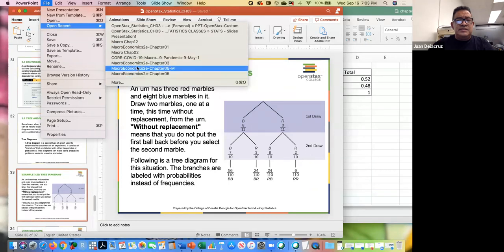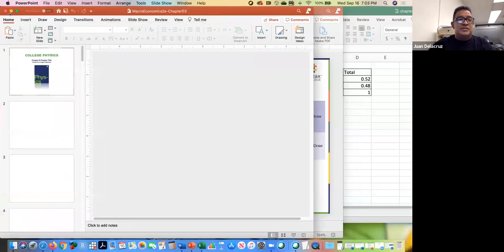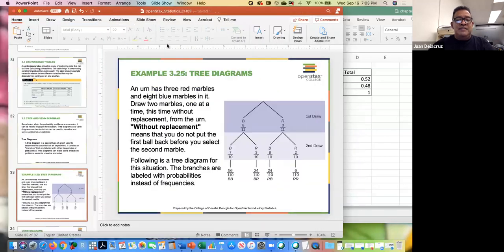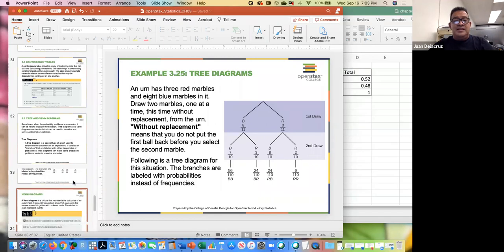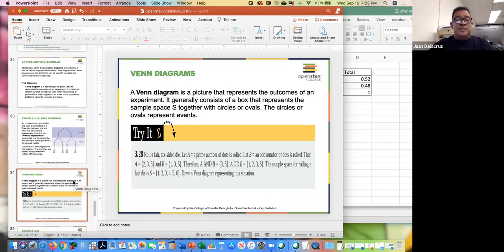Macroeconomics. No, this is macro, sorry. If I find it, I will show it to you. These tree diagrams are very important because we can expand the sequence of these events and compute the probabilities.